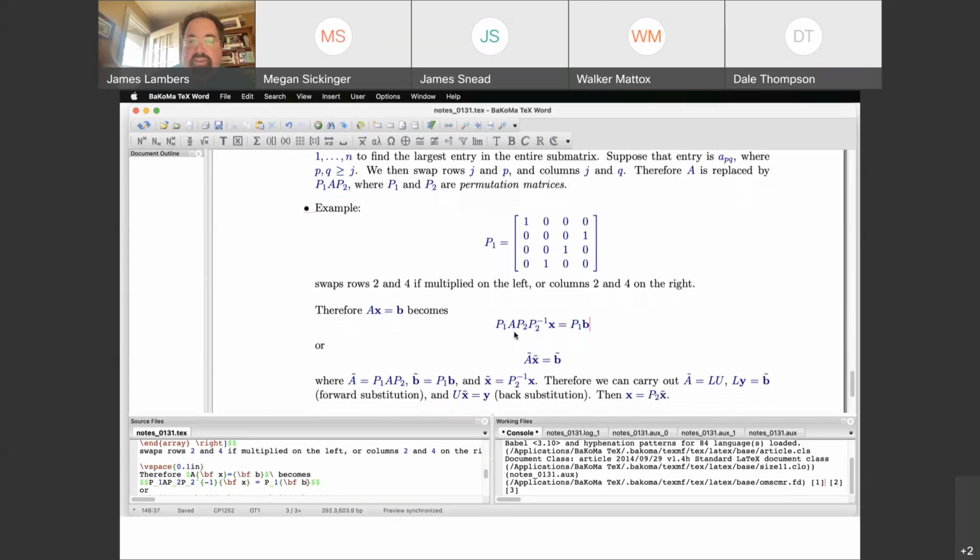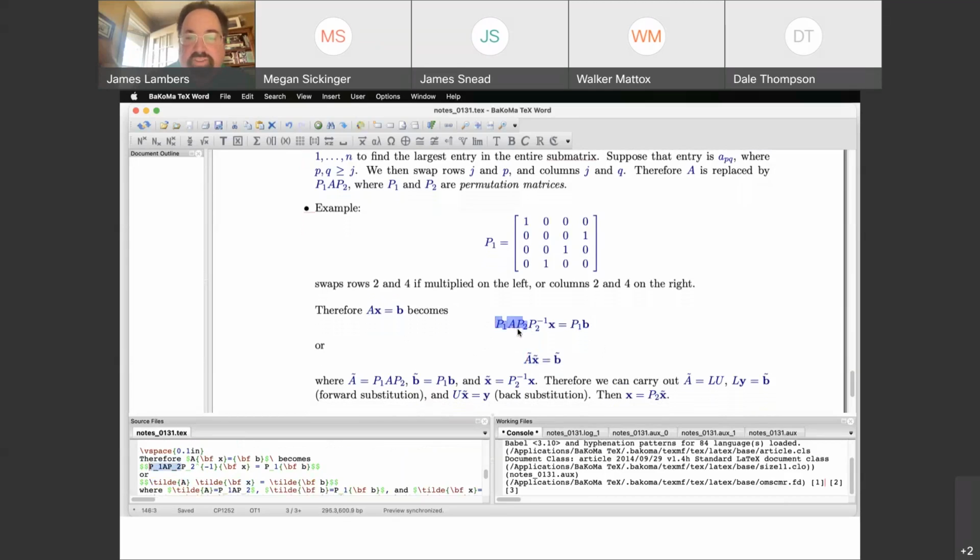Now, if I define A tilde to be P1 A P2, that's the new matrix of the system. It has the rows and columns swapped. And I define b tilde, the new right-hand side, to be the original right-hand side b with the row interchanges performed on it.